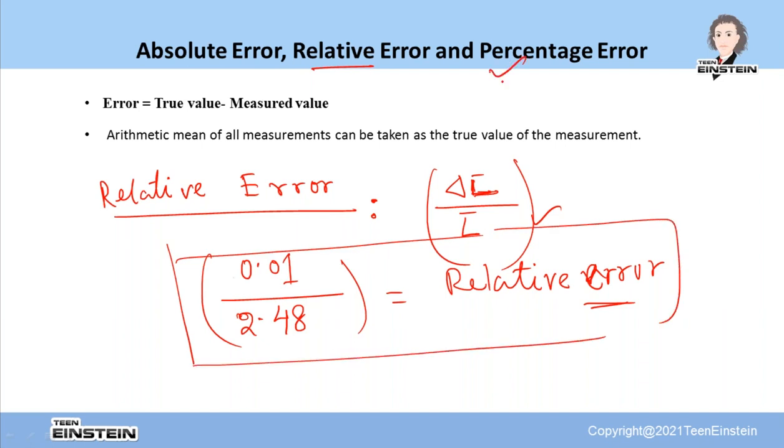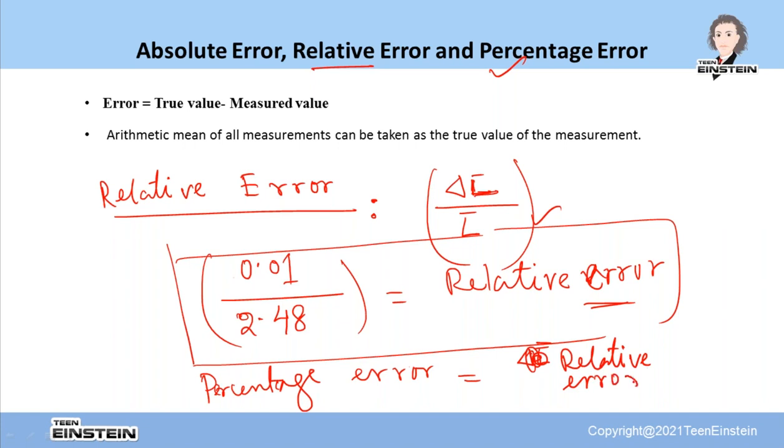Now what is percentage error? Percentage error is if you multiply 100 with this relative error. Percentage error means relative error multiplied by 100, and then you write the percentage sign.